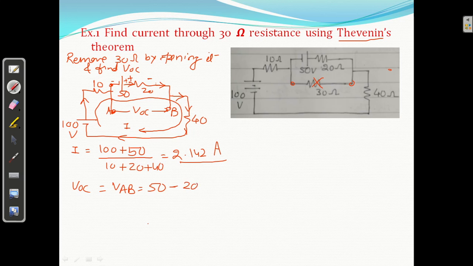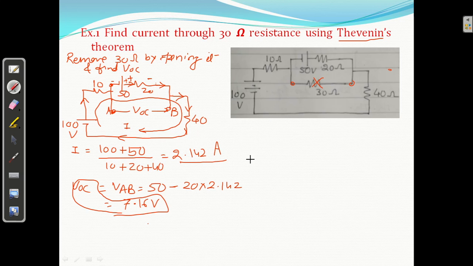The drop is 20 into 2.142. So 2.142 into 20 minus 50, I am getting 7.16 volt. That is VOC.